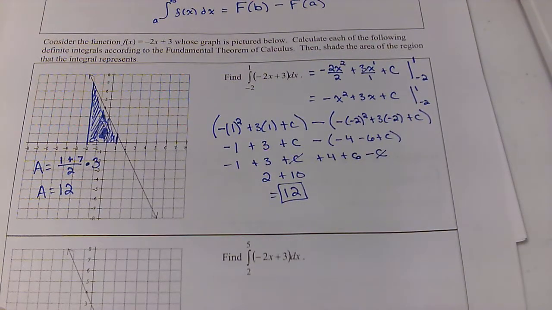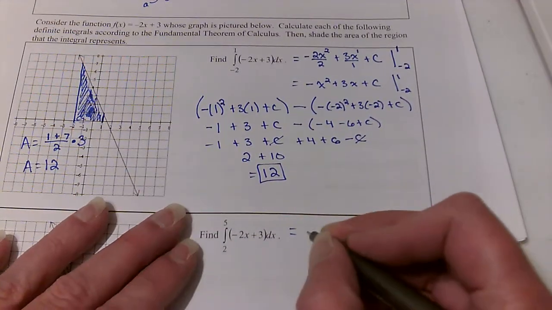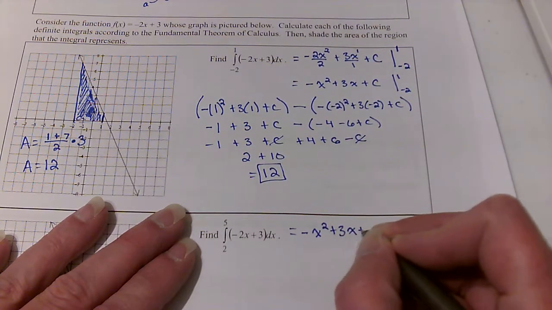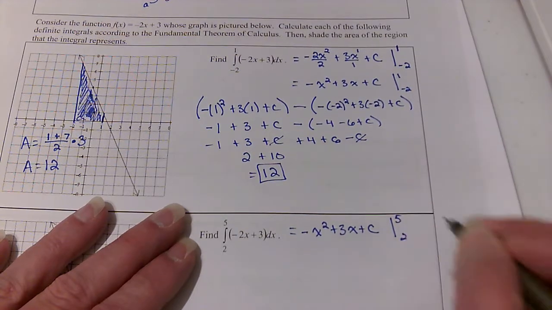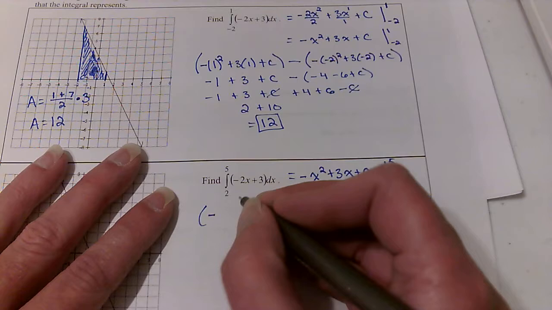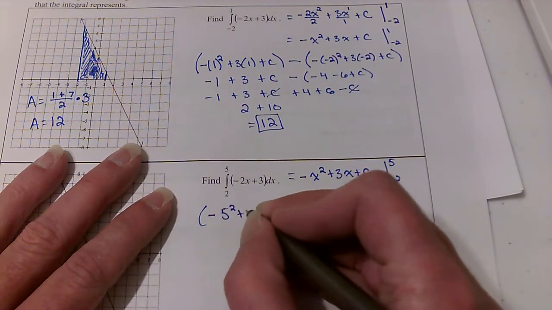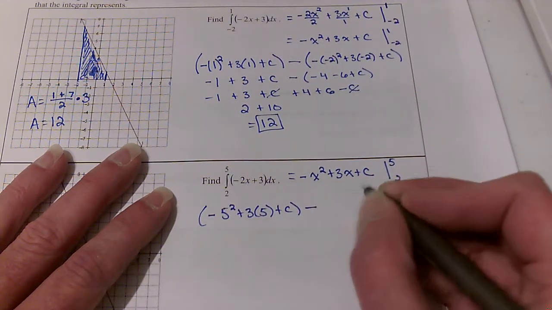What about from 2 to 5? Okay, so we already know what the antiderivative is. But this time we're going to evaluate it between 2 and 5. So plugging in 5, and then plug in 2.